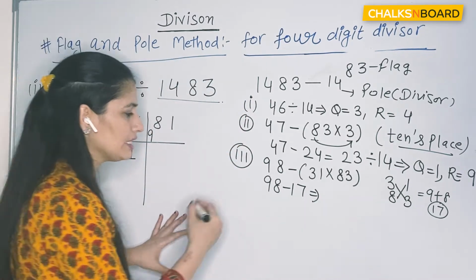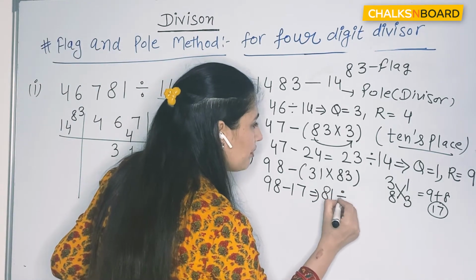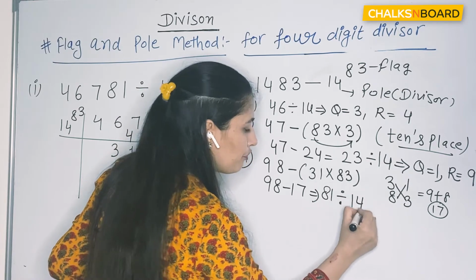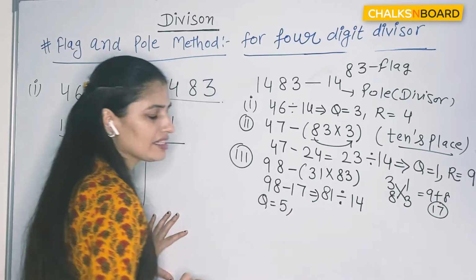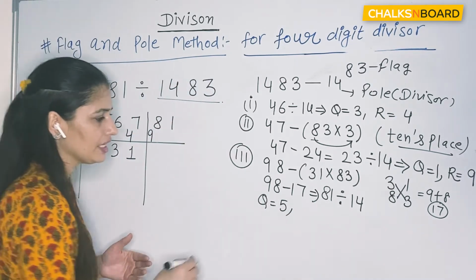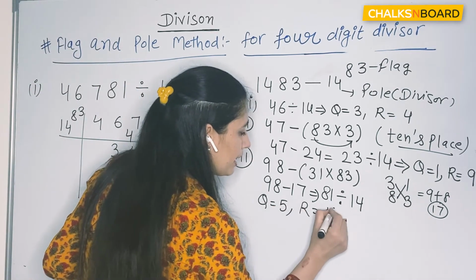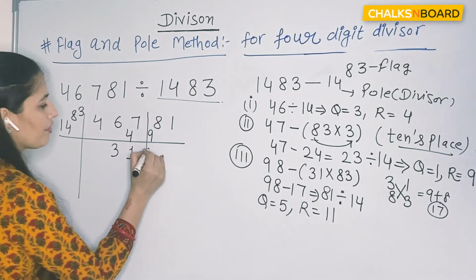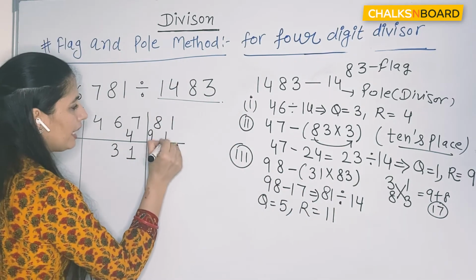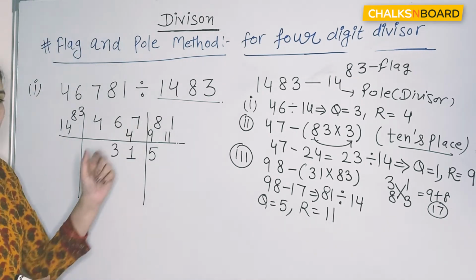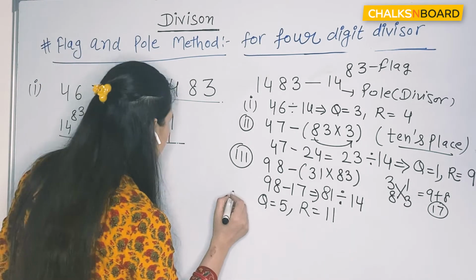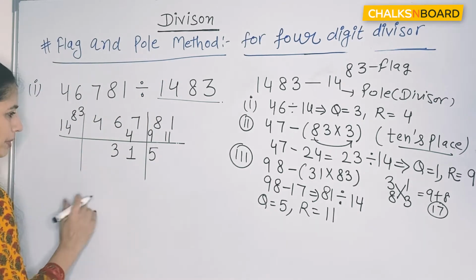This implies 81, and we divide this 81 by 14. Our quotient is 5. 14 5s are 70, and our remainder is 11. So here we can write quotient 5 and our remainder is 11. That means 111 is our next number.